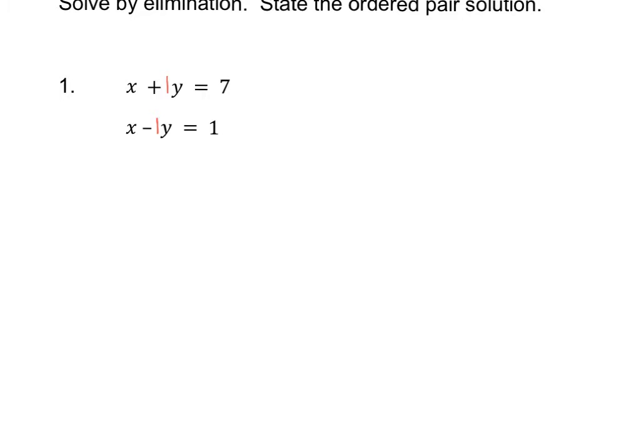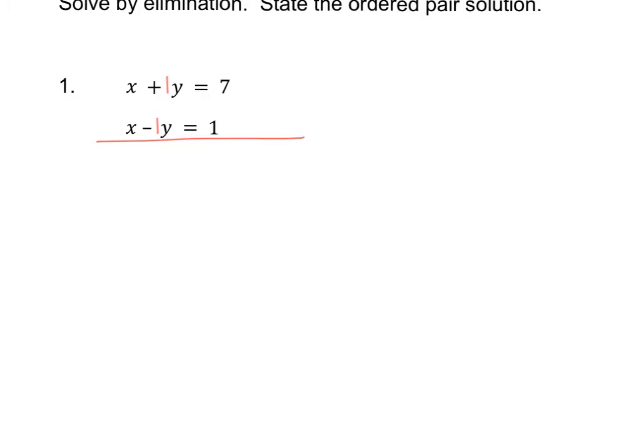If I were to draw a line underneath here and combine. Now, I'm not going to say add and I'm not going to say subtract. I'm going to literally say combine, because what you do depends on the signs of what is there. If there's nothing there, you have to assume that it's positive. So that x is positive, that other x is positive. The only thing negative in this whole problem is the y on the bottom.